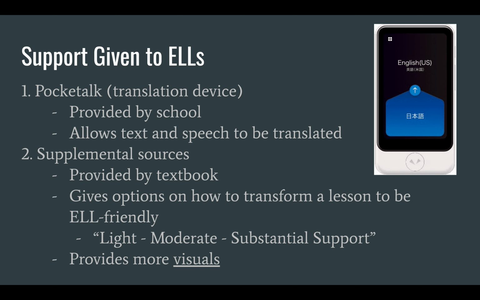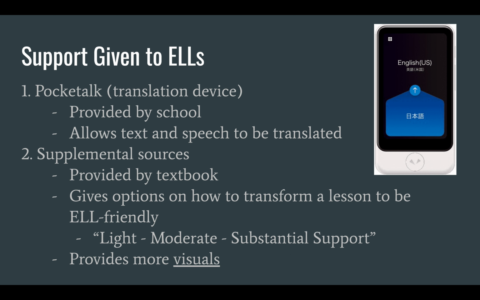But then we talked about the support that she gives to her ELLs. So first is this device called Pocket Talk, the translation device in the corner that is provided by the school for each ELL. It allows for text and speech to be translated, so very useful for them. The next one is supplemental sources that are provided by the textbook.